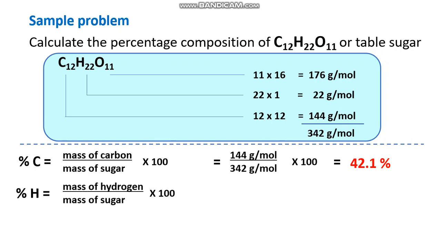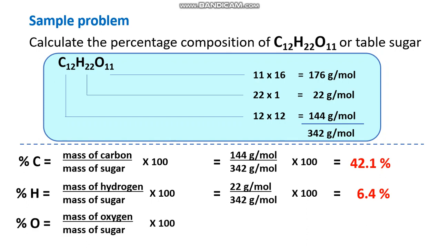For hydrogen, the percent composition is equivalent to the mass of the hydrogen divided by the total mass of the sugar multiplied by 100. So you have 22 grams per mole divided by 342 grams per mole. Cancel out the units, multiply by 100, and that would give you 6.4%.